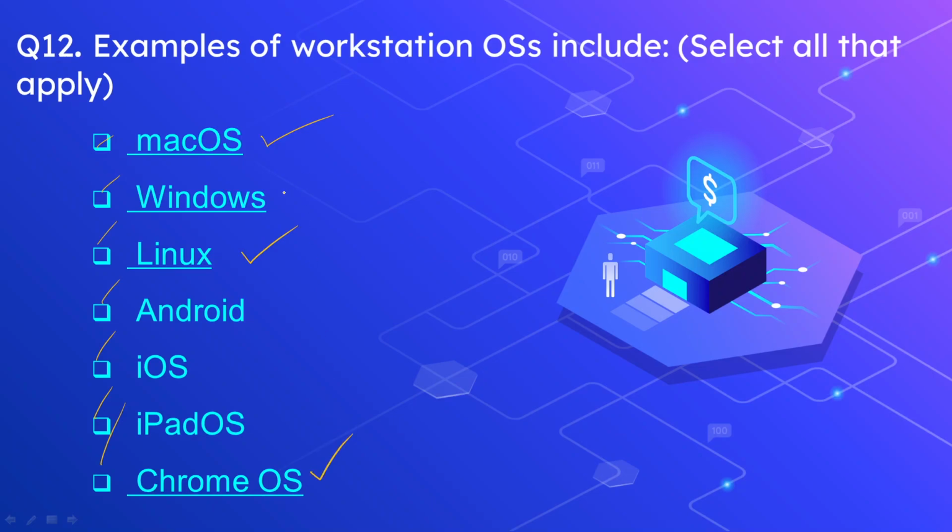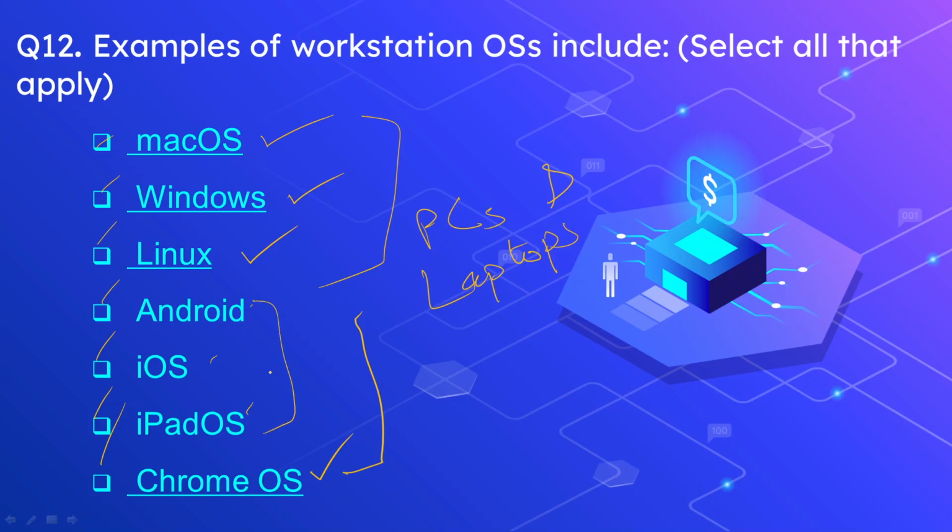So these operating systems are used by workstations that include PCs and laptops. While Android, iOS and iPadOS, these are the operating system used in mobile devices, smartphone and tablets.